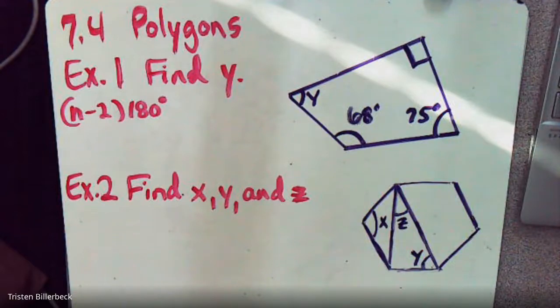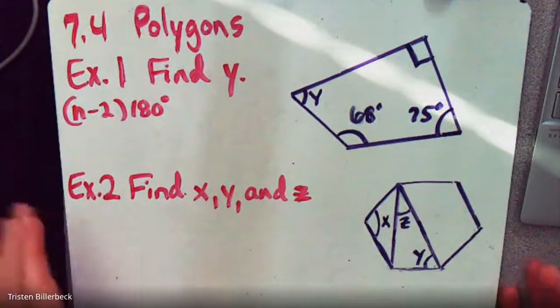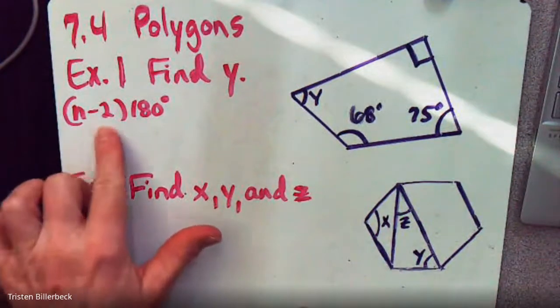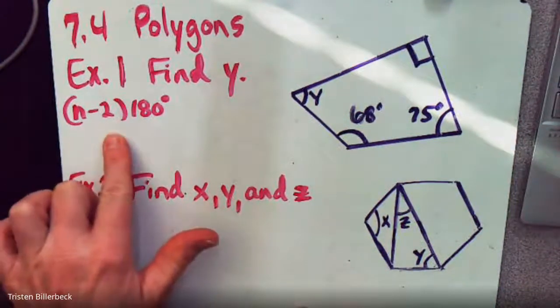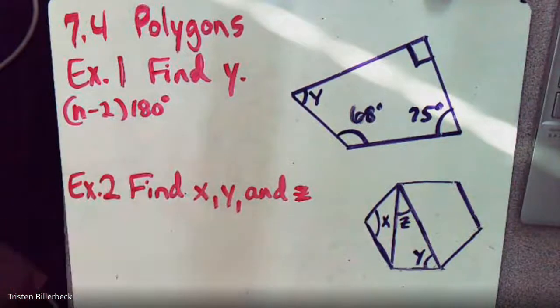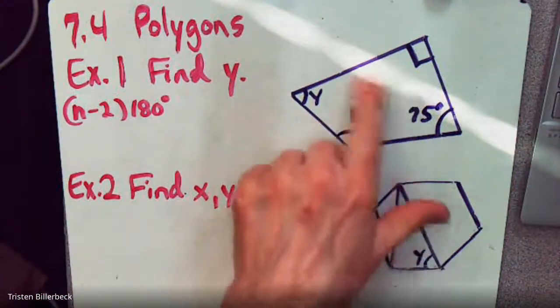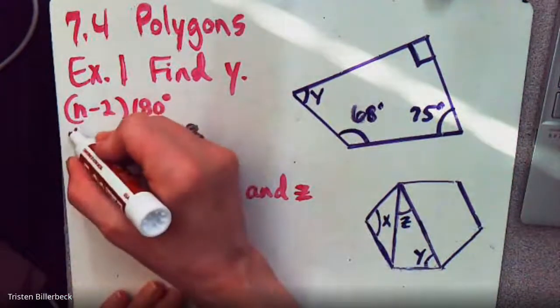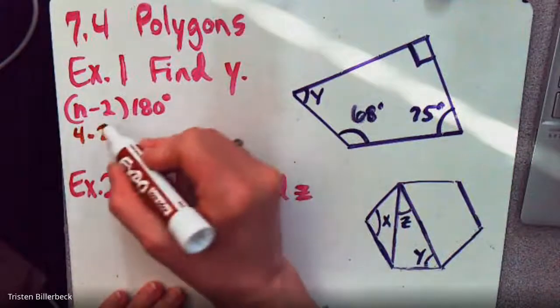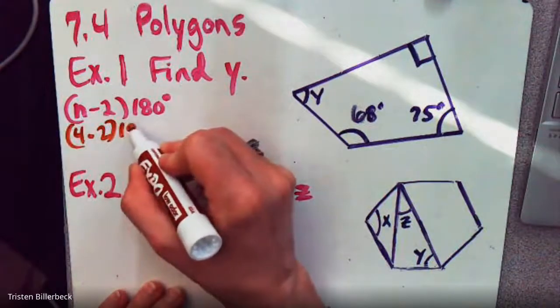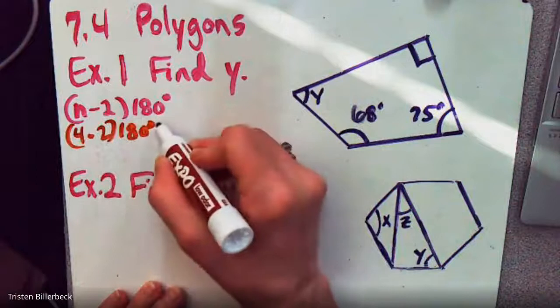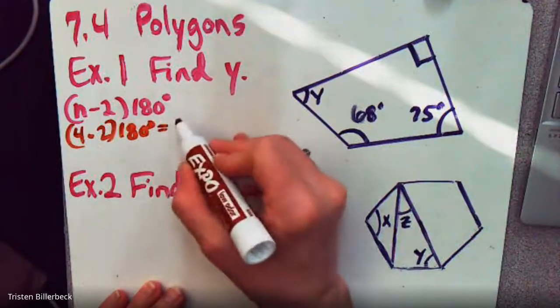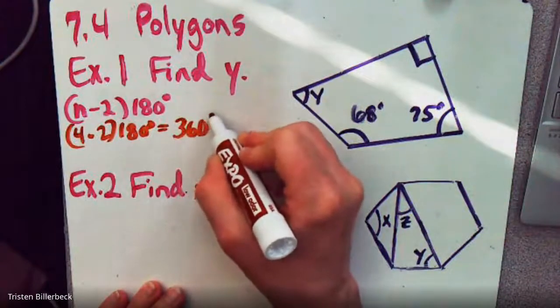So let's do some examples now. We know that we're going to be using this formula for the interior angle sum, n minus 2 times 180. If we look at this figure, it's a quadrilateral. So we have 4 minus 2 times 180, which is 2 times 180, which is 360 degrees.